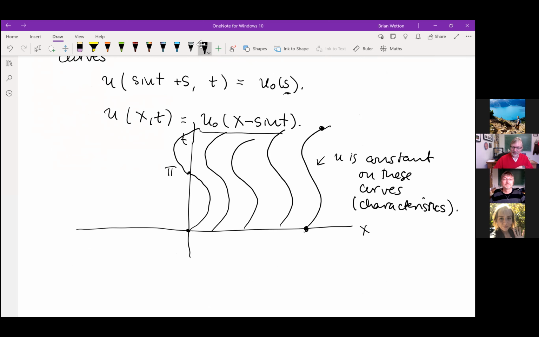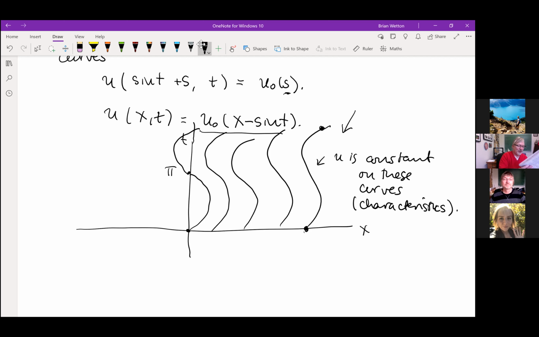Okay, so now you kind of have the idea from this picture how solutions of this problem behave. They're just the initial conditions, and they just slosh back and forth, right? There's no net motion in this example.